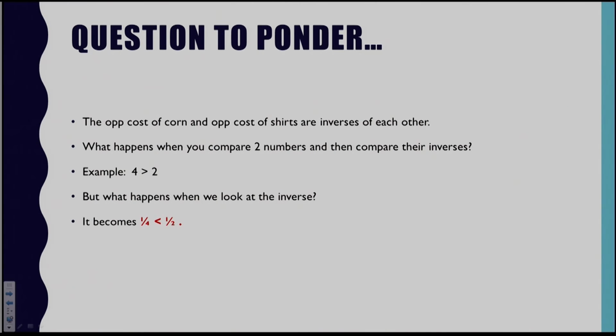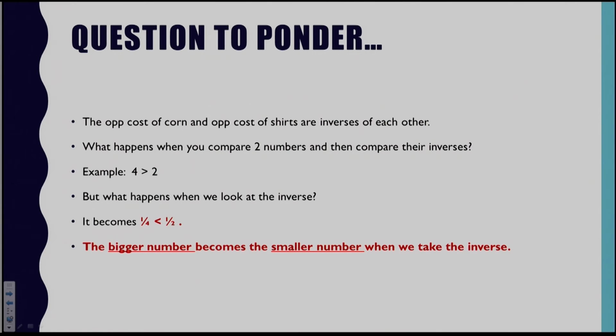But what I really want you to do is look at the greater than or less than sign. What has happened? Where 4 is greater than 2, 1/4 is less than 1/2. What's my point here? Well, what I'm trying to show you is that the bigger number becomes the smaller number when we take the inverse.